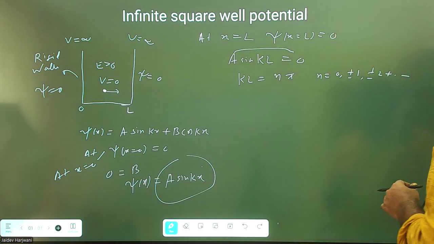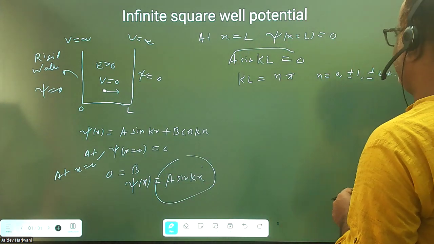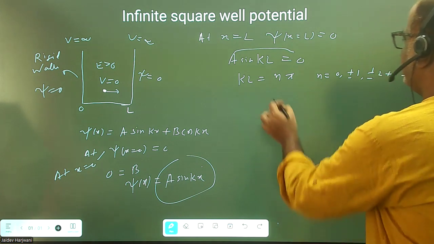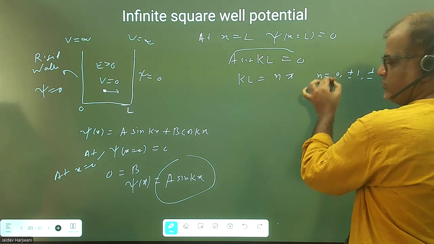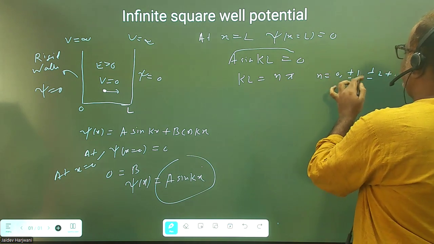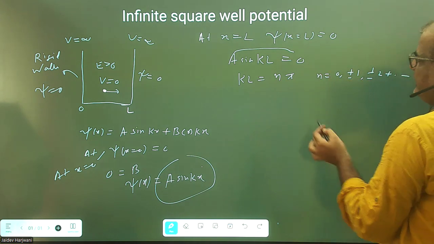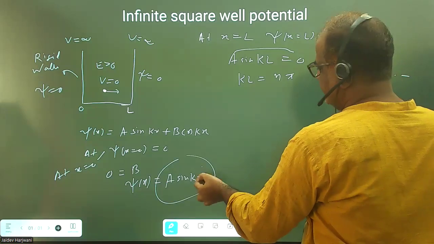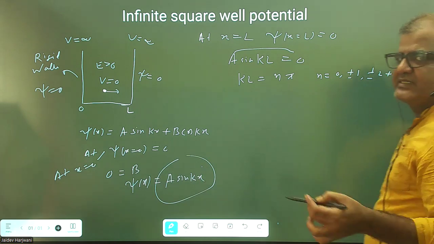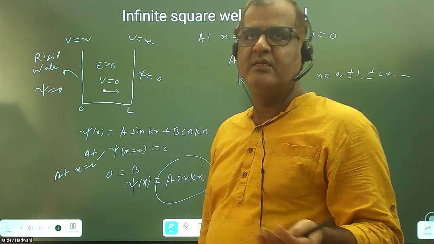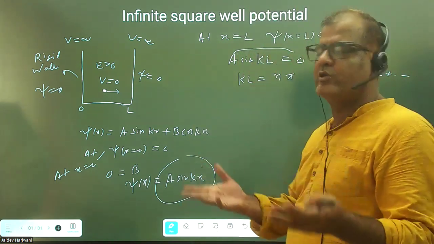We can take KL equal to nπ. Now again we will not use n = 0, and if you take plus or minus 1, sine minus x is equal to minus sine x. So this is not giving any new solutions.